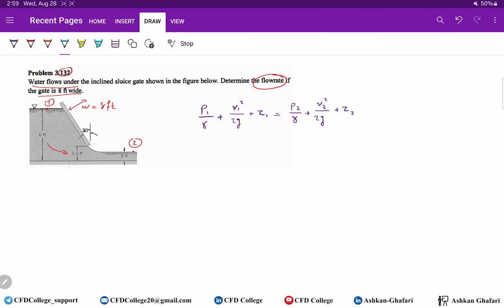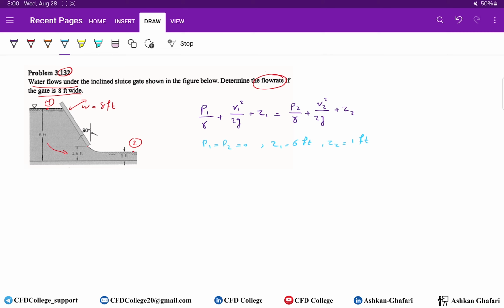Now let's see what we know. Both of these points are free surfaces. So P1 equals P2 equals 0 because we have atmospheric pressure. And the elevation is known. Z1 is 6 feet while Z2 is 1 foot. The velocity at point 1 we should find, because it is not a big tank or something.